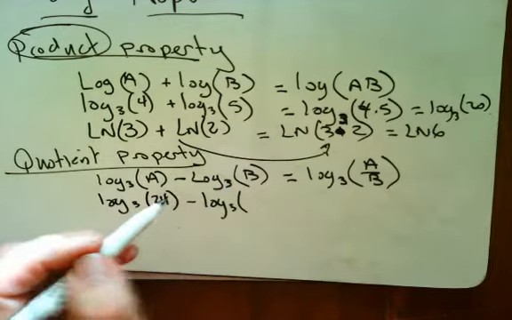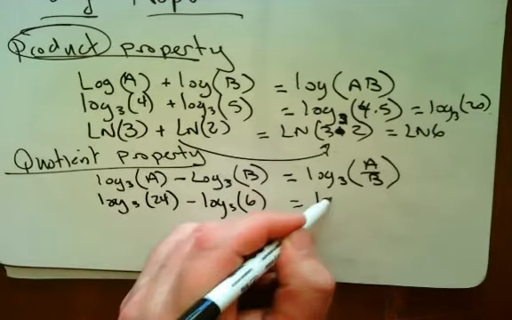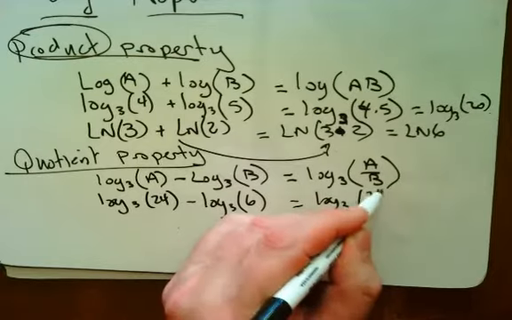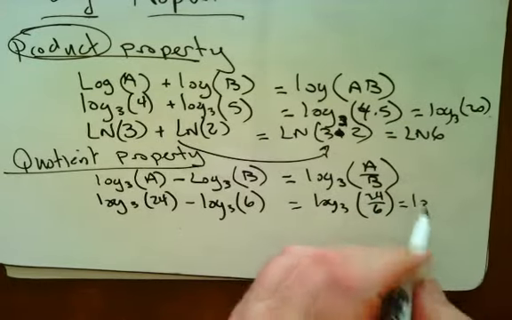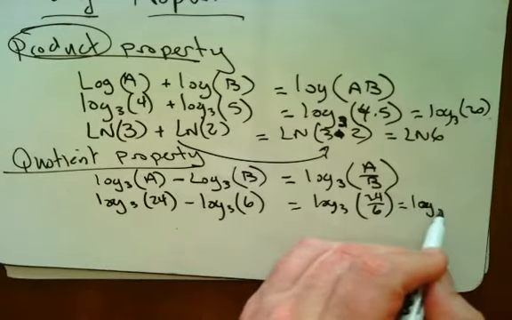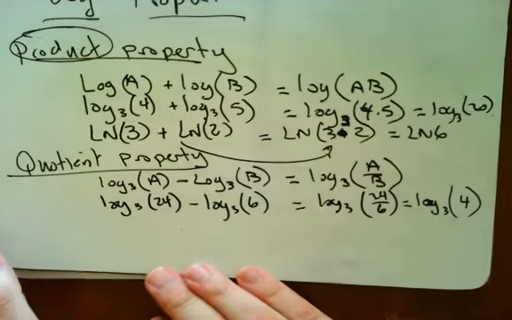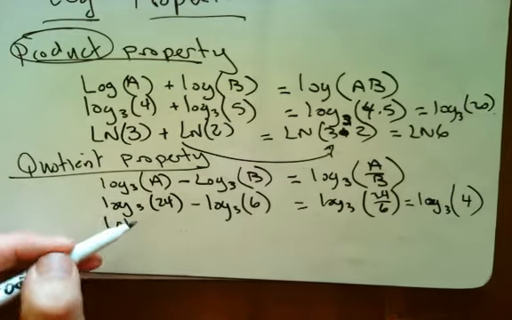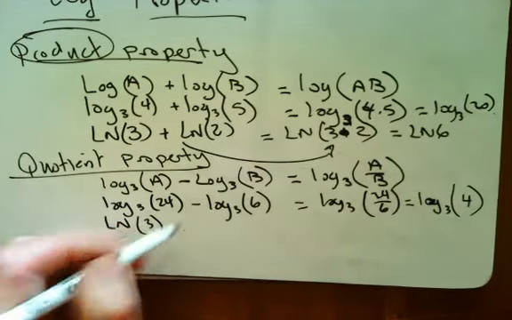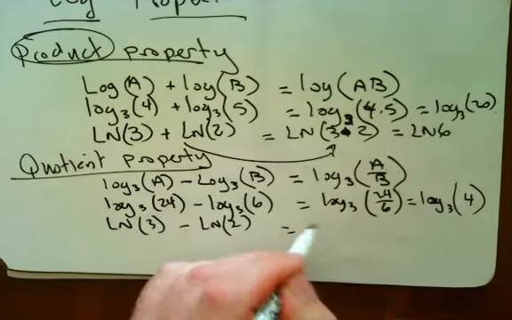So if I see log base 3 of 24 minus log base 3 of 6, I know that's going to be log base 3 of 24 over 6. Ooh, and I can even simplify that to be log base 3 of 4. Okay? So there's our quotient property.